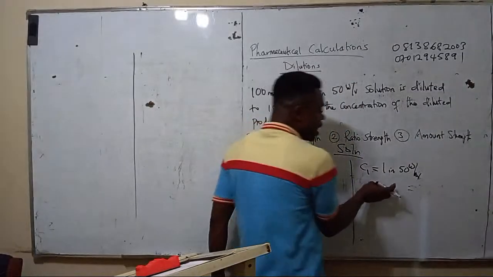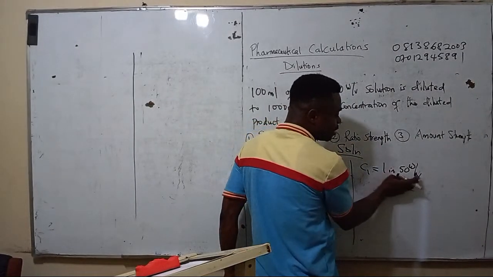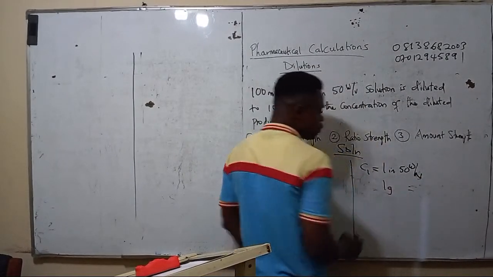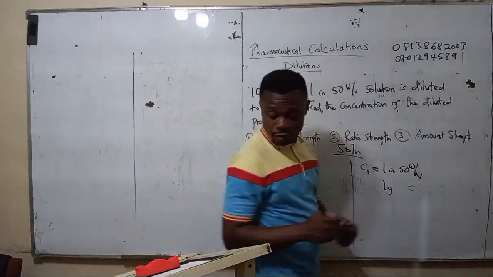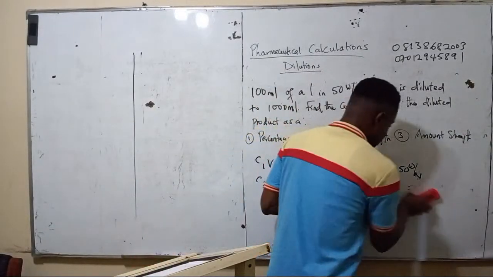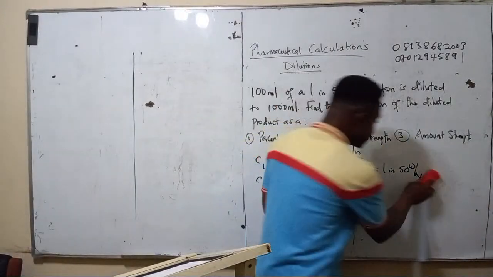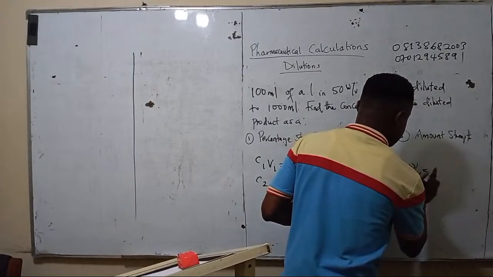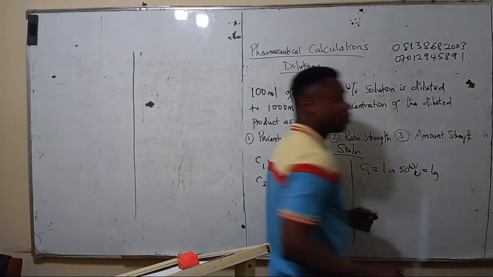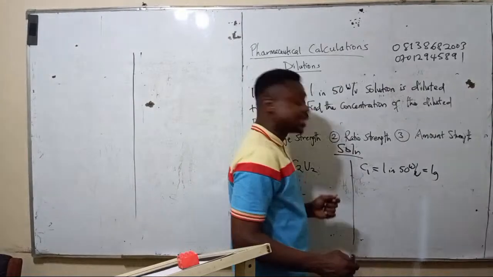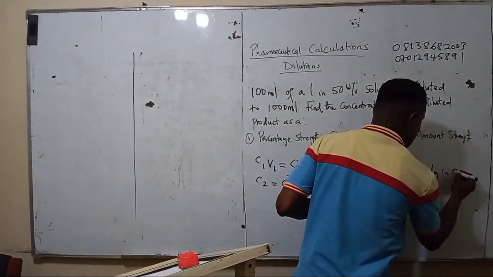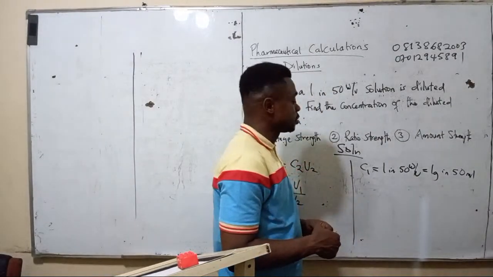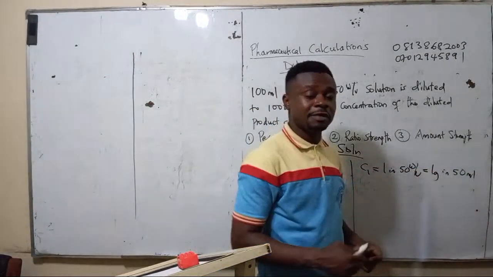What this means is that we have 1 gram of the solute or the active ingredient in 50 mL of the solution. That's the meaning.